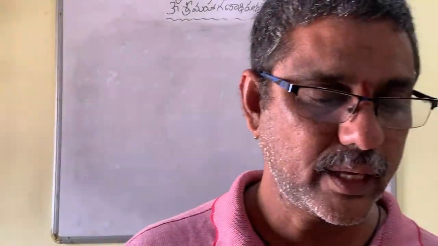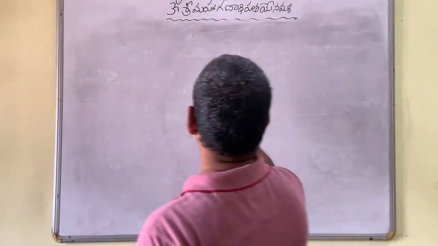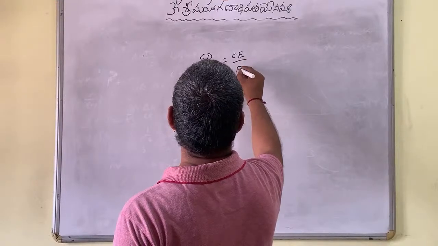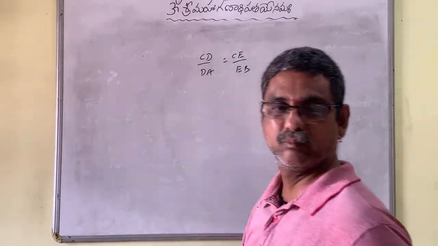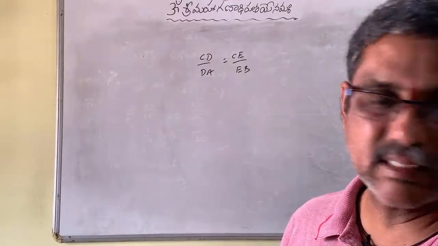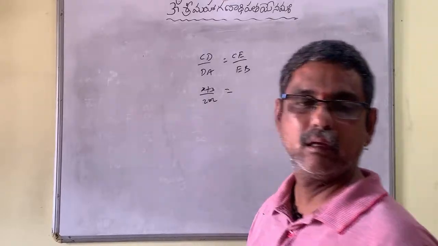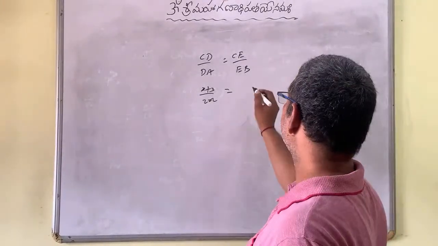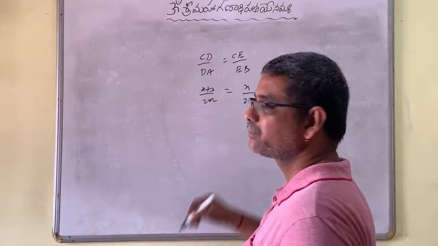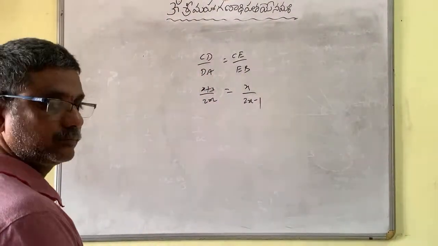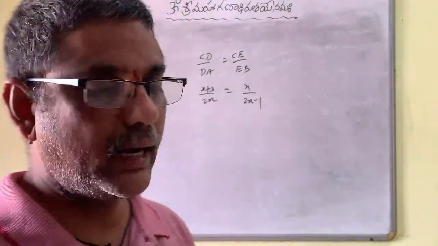CD by DA is equal to CE by EB. So (x plus 3) by 2x is equal to x by (2x minus 1). First find out the x value, given DE parallel to AB.